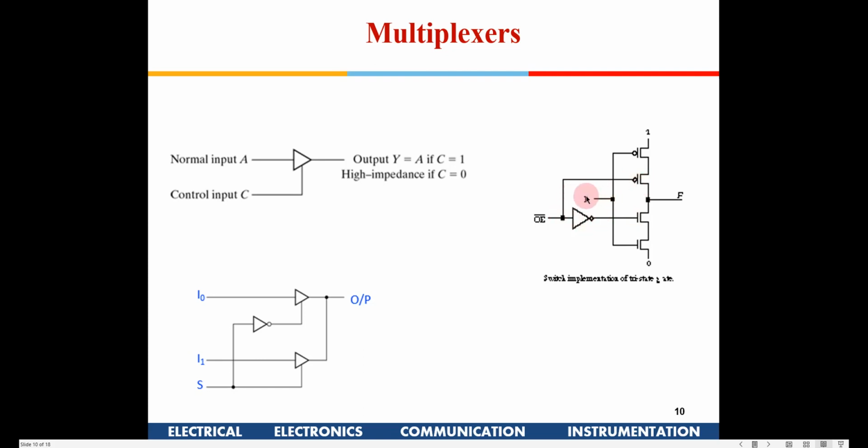If you see here, this is the input, and this is a PMOS and an NMOS, so you will get an inverted output out here. Similarly you have two more transistors placed here. If the enable control signal is low, it is high here because it is the bar, and there is an inverter placed here, so these transistors will get off, so it will become a high impedance.